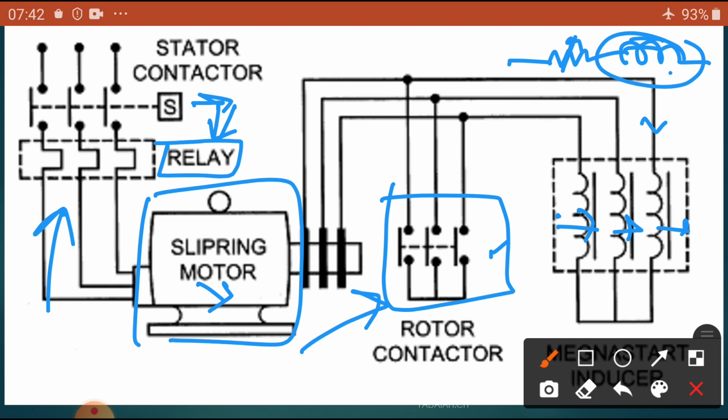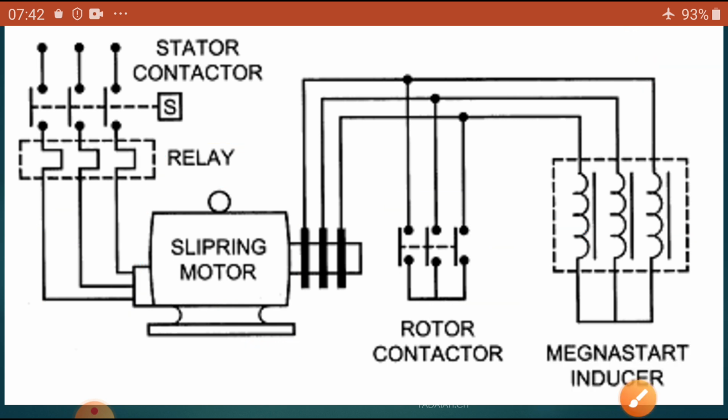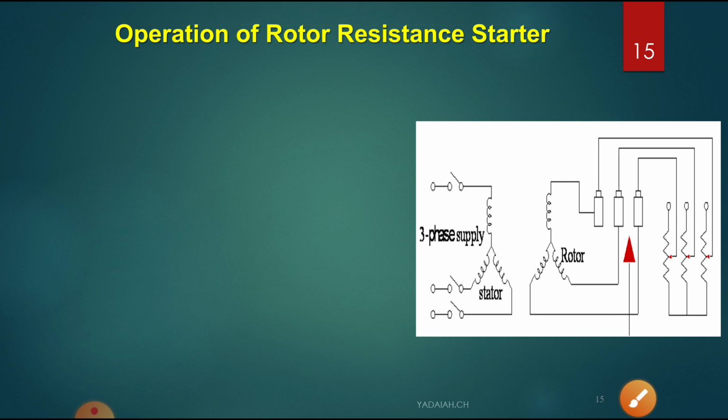Let us see the operation of the rotor resistance starter with the help of the resistance. You can see the external resistance is inserted in each phase of the rotor circuit through the slip rings and brush assembly.